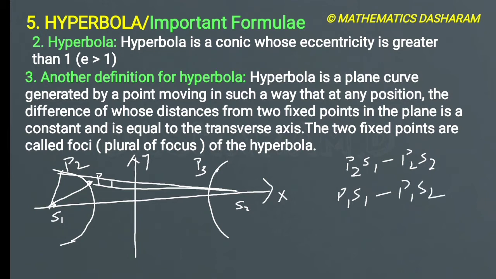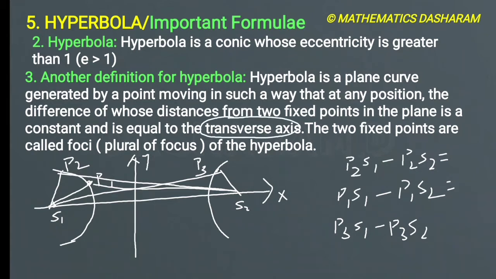Next, the third difference, P3S1 minus P3S2. So these are all equal to a constant, that means all are equal, and these are all equal to the transverse axis. The x-axis is called the transverse axis, and the two fixed points are called foci, that means S1, S2, and sometimes we denote these as S and S dash.